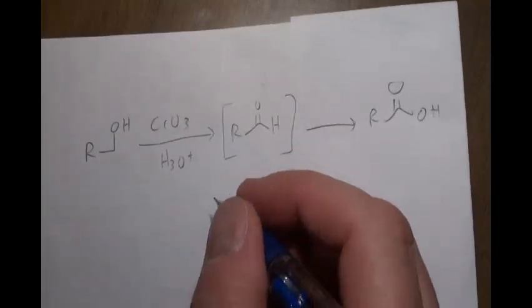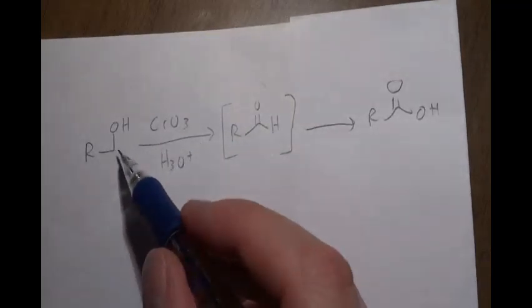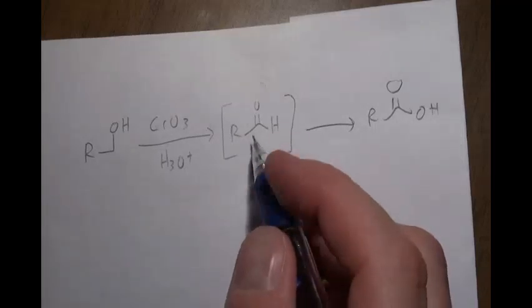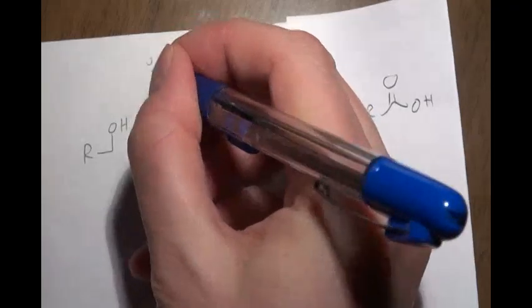Okay, so how does that work? Well, you should have learned the mechanism for alcohol plus chromium to the aldehyde, and let's review that. That should have been talked about in Organic 1.